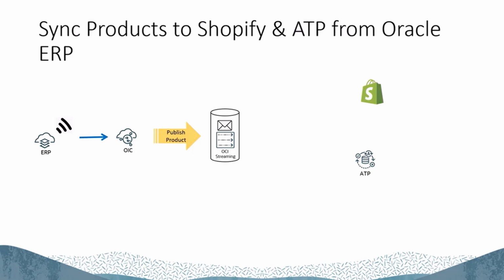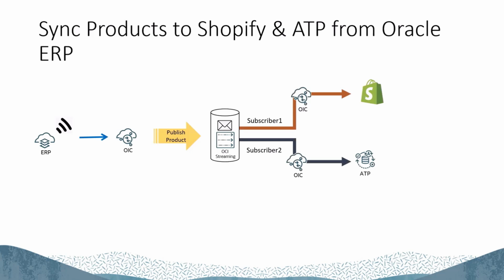So whenever there is a product that gets created in the ERP, an event gets generated and the same event is being captured by OIC, Oracle ERP adapter, and published into the OCI streaming using the OCI streaming adapter. And the same message can be captured by our OIC streaming adapter and then processed to Shopify and ATP as well by creating a couple of integrations over here.